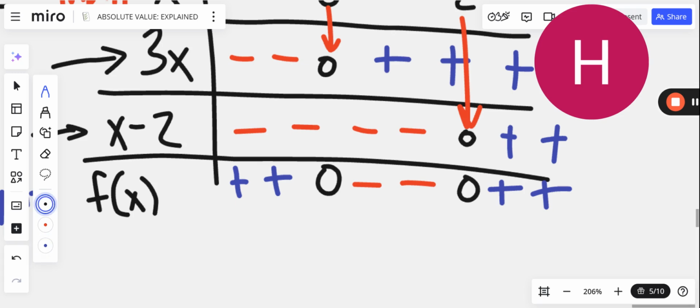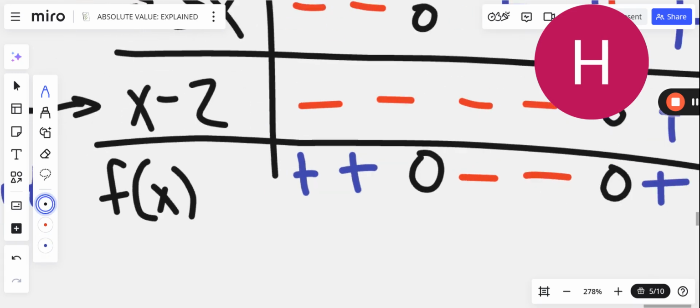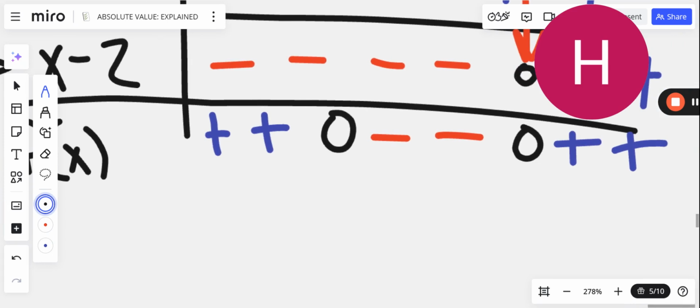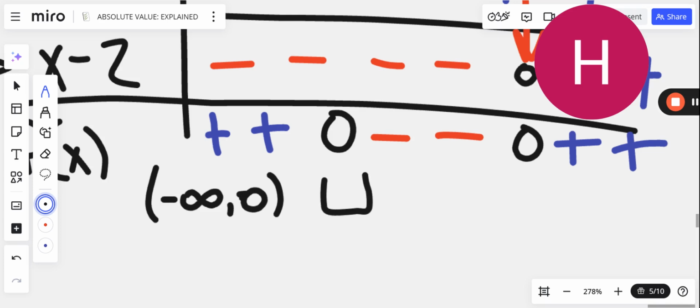So this is most useful because it shows me that the inside of the absolute value is positive from negative infinity to 0. And it's also positive from 2 to infinity.